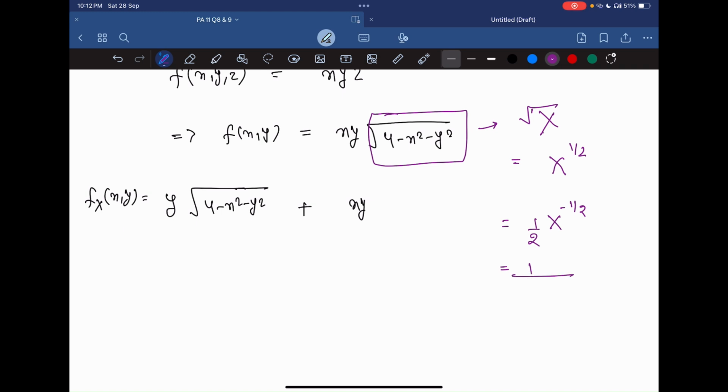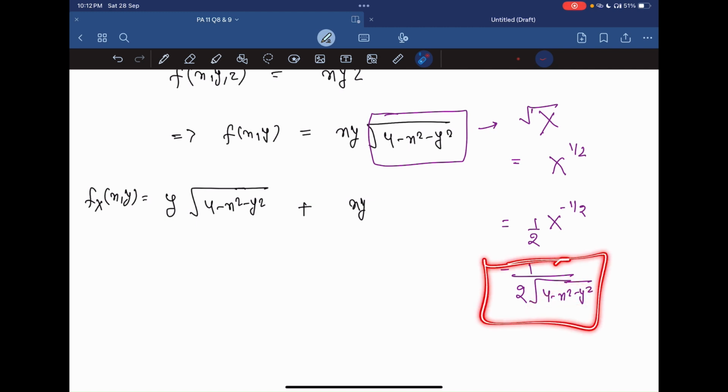So that is 1 by 2 square root of capital X. Now we can replace this capital X with 4 minus x square minus y square, and then we have to take the derivative of this inside function and multiply with this quantity.